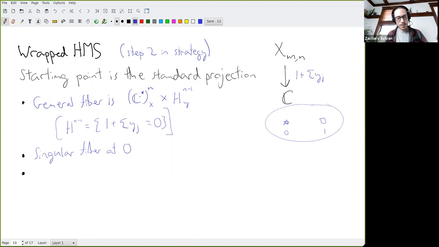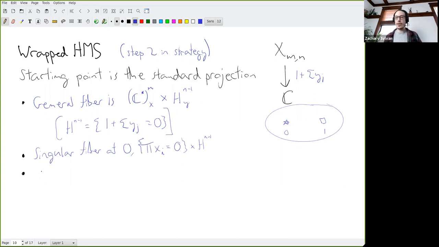At 0, that looks like the product of the x's equals 0. There's also a pair of pants floating around, but this family is trivializable for the y's near 0. So I'm just focusing on the type of singularity, which is product of x_i equals 0, cross H_{n-1}. And at 1, it's not a singular fiber.